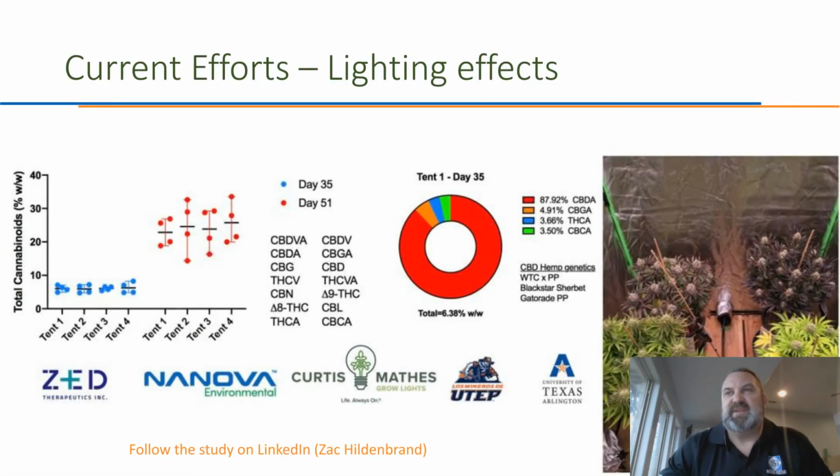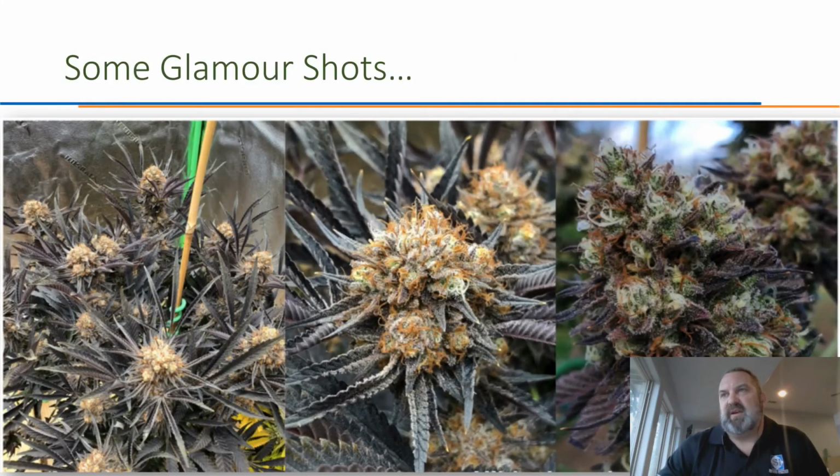There's also some significant variation, although not as drastic, on some of the cannabinoid content and its production. But what we see are really just amazingly different looking plants that we can generate from some of these things put under different lighting conditions.